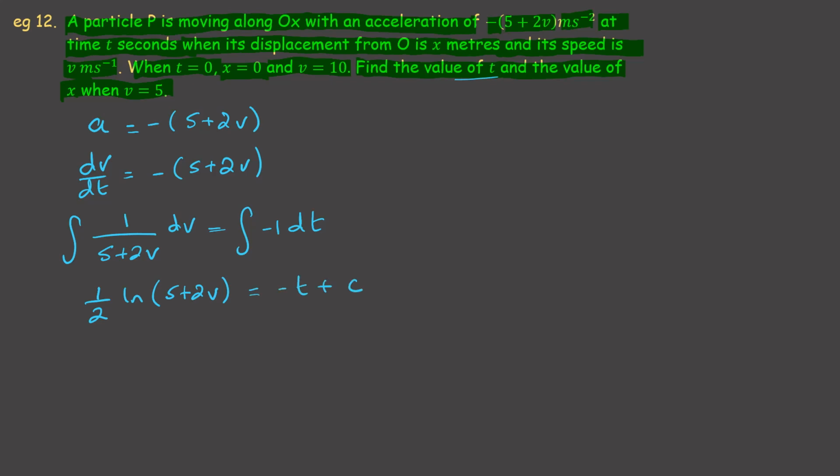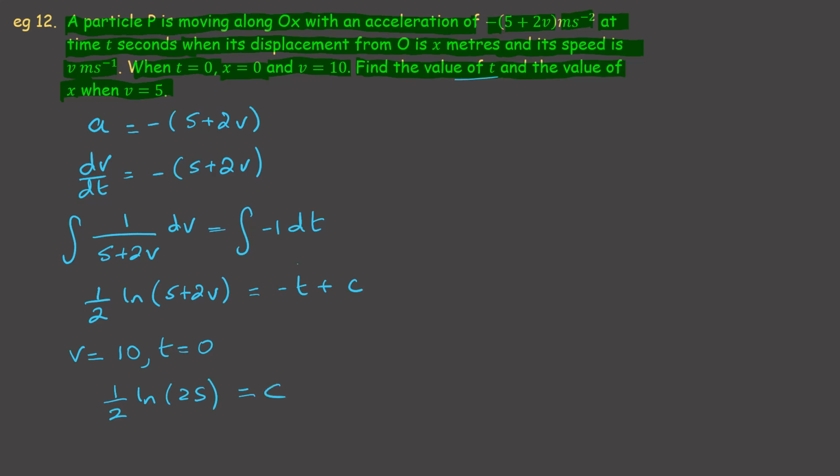plus a constant. Now we have v is equal to 10 when t is equal to 0. So that would give me a half ln 25 is equal to c.